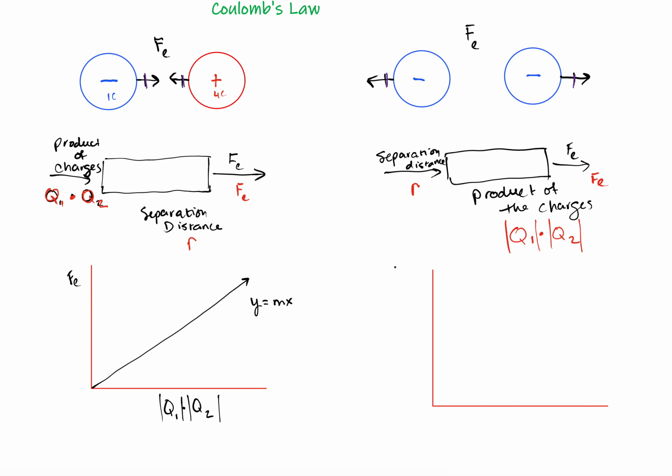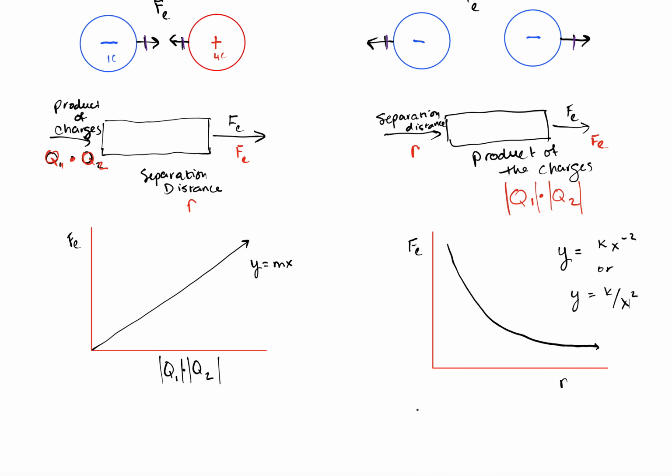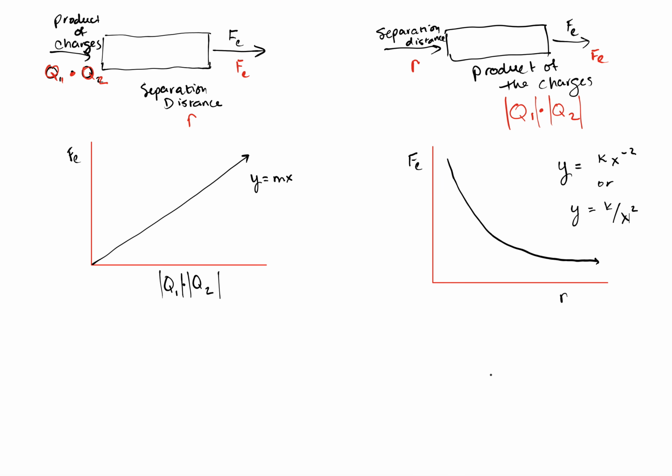In the experiment of Fe versus R, what we got was something inverse like this, and it actually turned out to be y equals kx to the negative 2, or y equals k over x squared. I got that information from using Excel or LoggerPro.